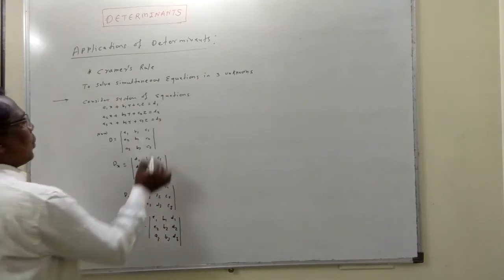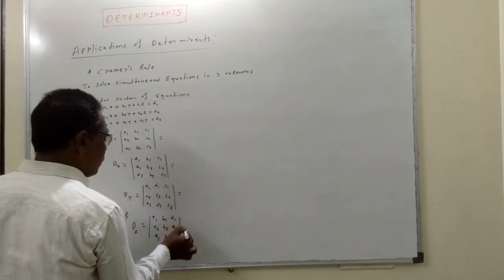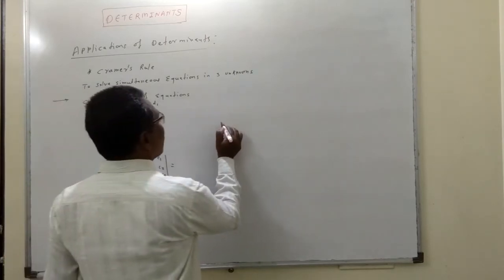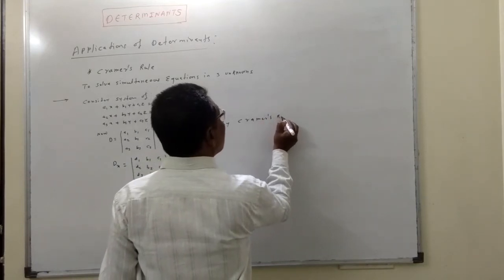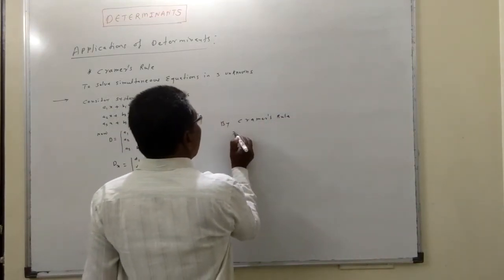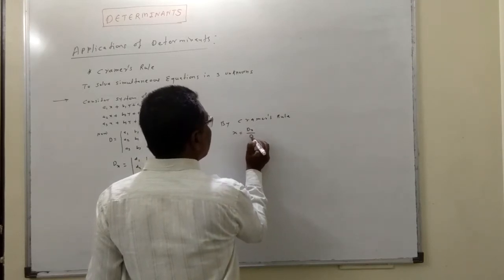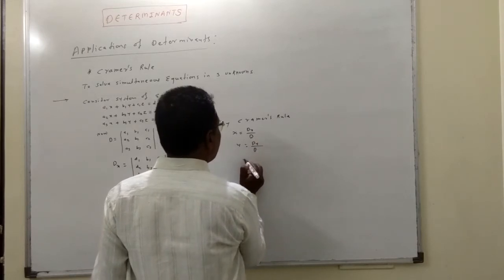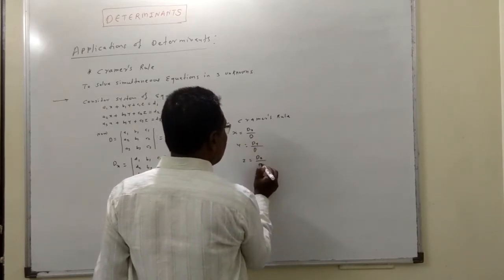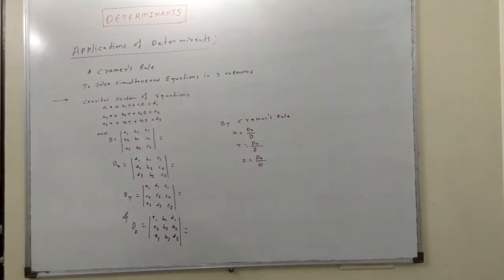So evaluate as usual the determinants of order 3, and then we will use Cramer's rule. So by Cramer's rule, x is equal to Dx upon D, y is equal to Dy upon D, z is equal to Dz upon D. So by using this method, Cramer's rule, we can solve simultaneous equations in three variables.